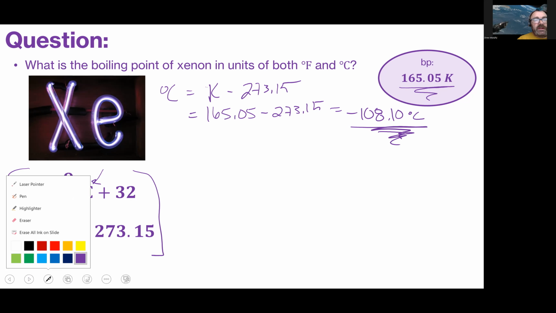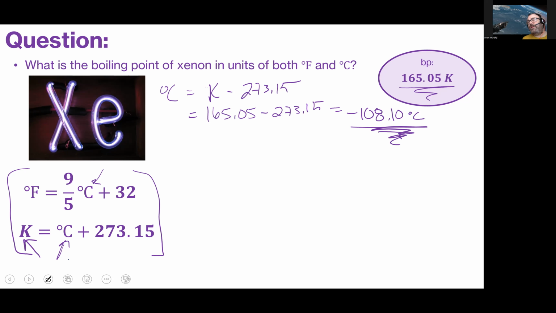We're also asked for Fahrenheit, so we're going to do the Celsius to Fahrenheit. Our equation is giving us Fahrenheit, so we don't have to solve this for anything. I'm just going to stick numbers in there. Our Fahrenheit is 9 over 5 times the Celsius we just figured out, negative 108.10, plus 32.